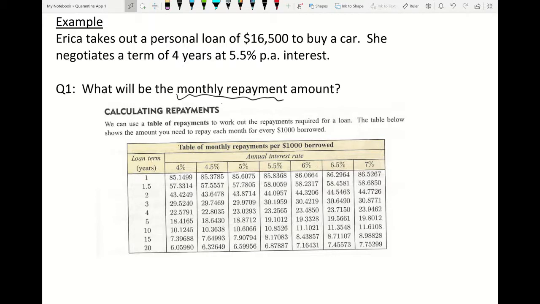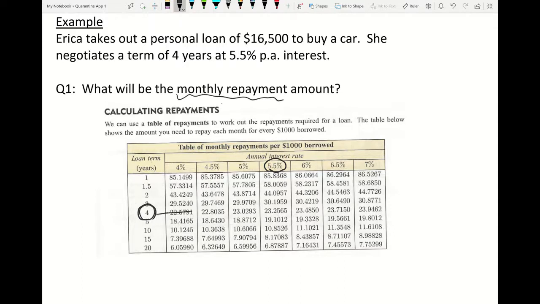Now, when we figure out the monthly payment amount using this chart, all we need to look at is this chart with year, which is 4 years right here, and then the interest rate, which is 5.5%.